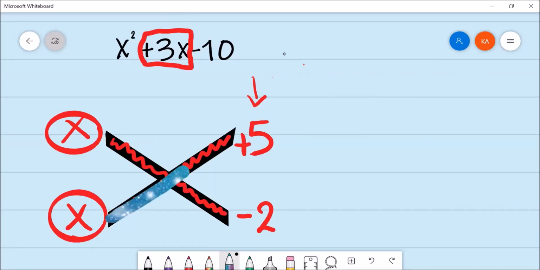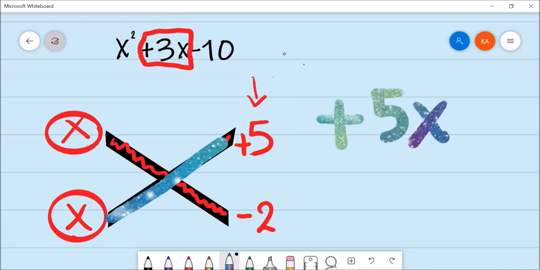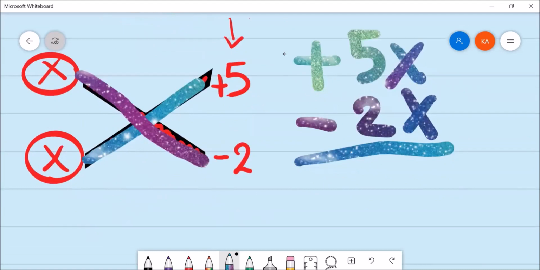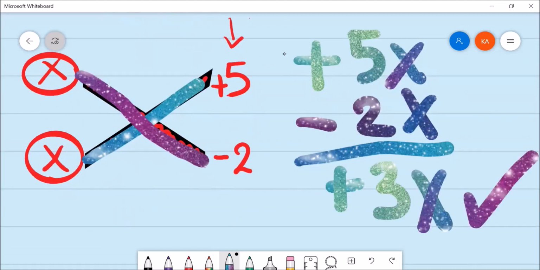x times positive 5 is positive 5x. x times negative 2 is negative 2x. When we add them up, they add up to positive 3x, which is the midterm of our quadratic equation.